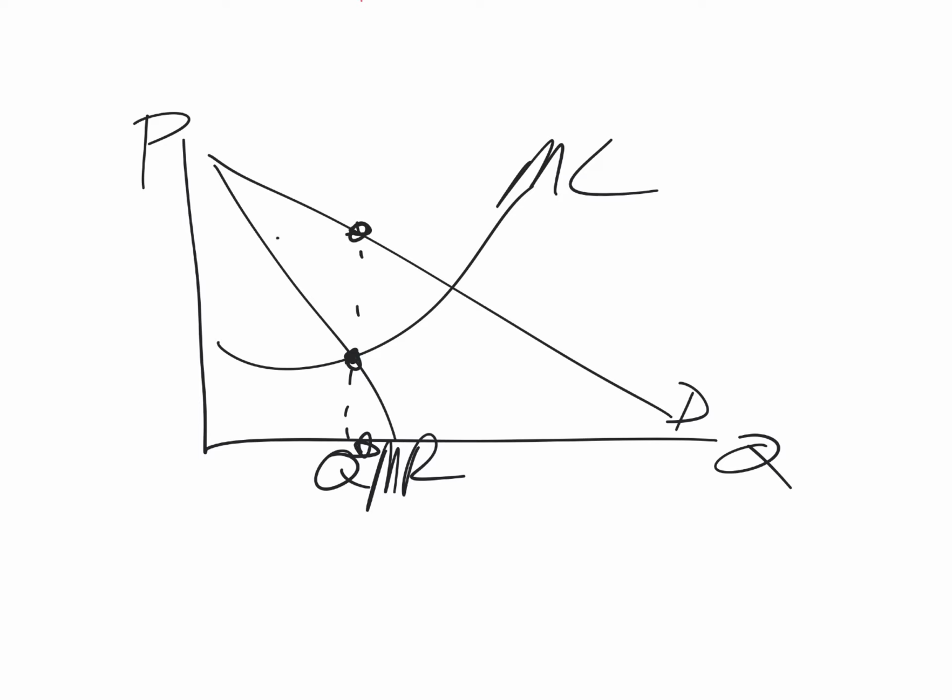Okay, here we have the monopoly operating merrily along, producing this quantity, charging this price. Well, again, we would like them to be producing where price equals marginal cost, which is right here. So how do we get them out there?